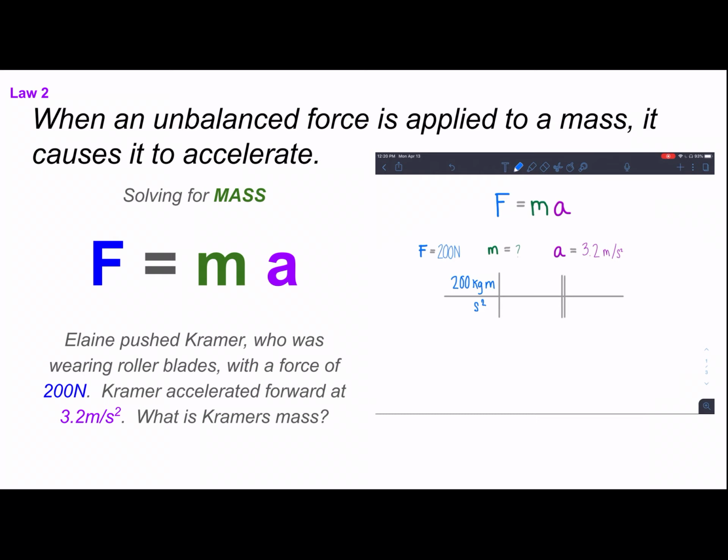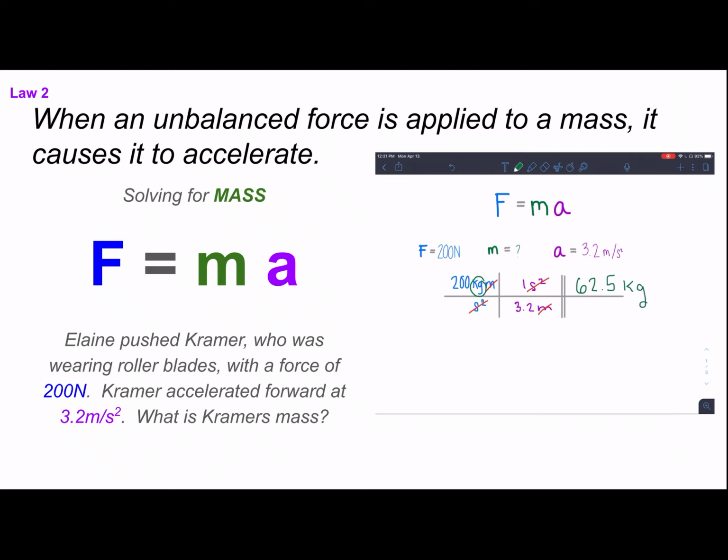And we will end up taking our acceleration and the 200 and the 3.2 will end up being divided. 3.2 meters per second squared, because that cancels out meters per second squared, resulting in our kilograms being carried all the way through. And when we divide that out, that would be 62.5 kg. Okay, so that's how the units end up working out.